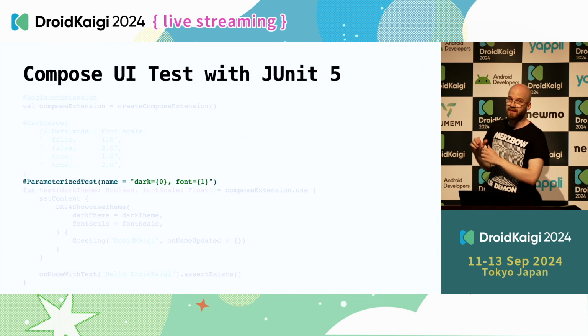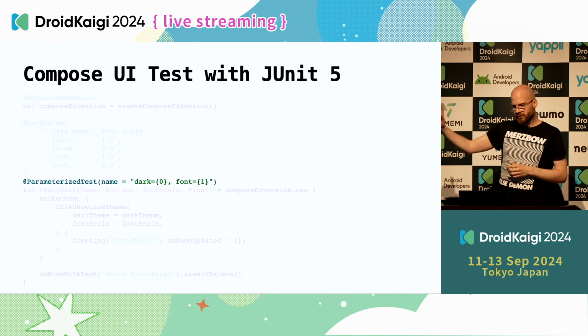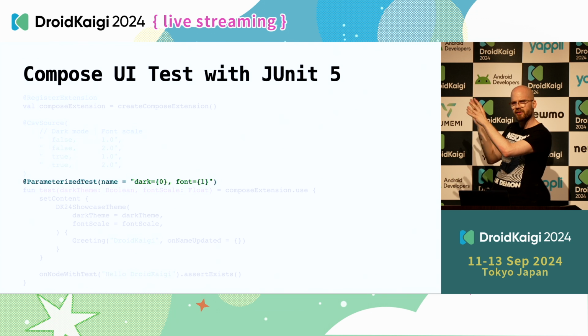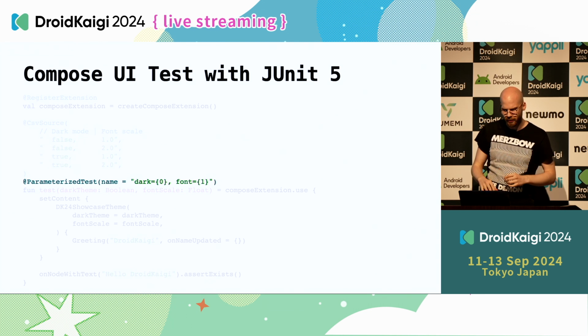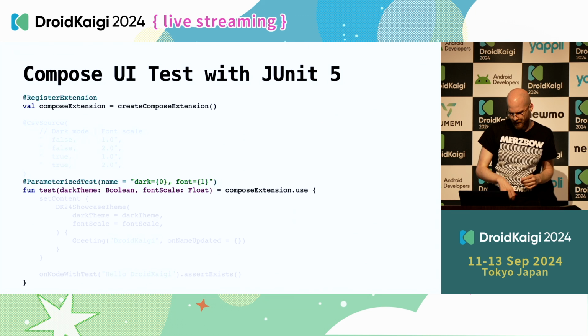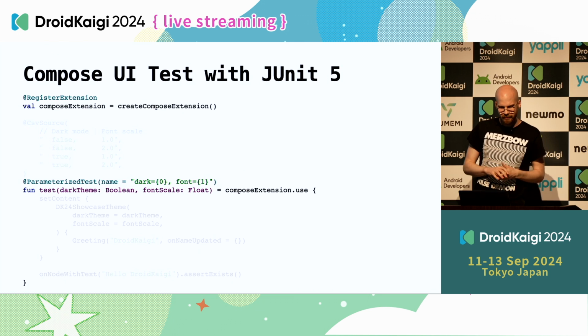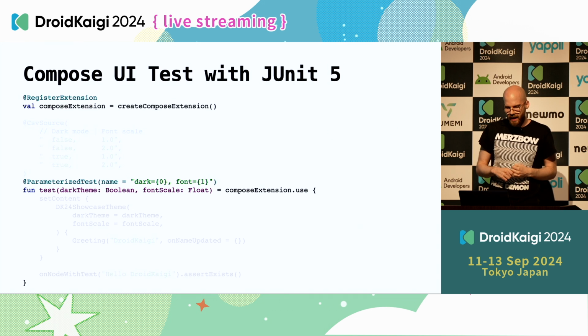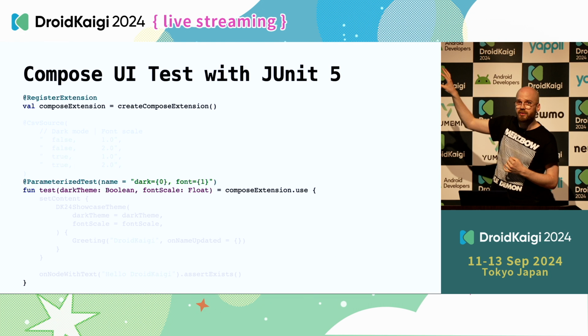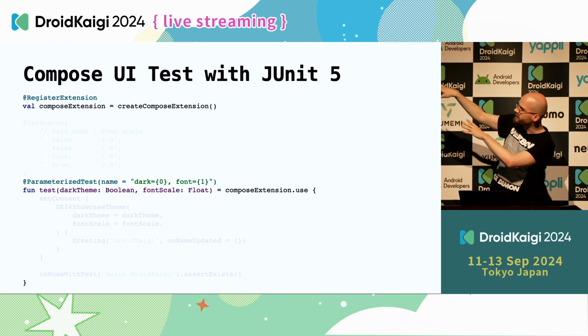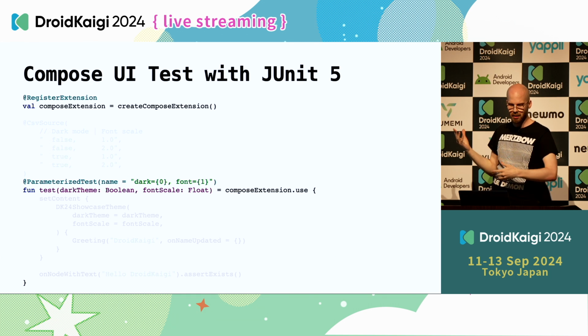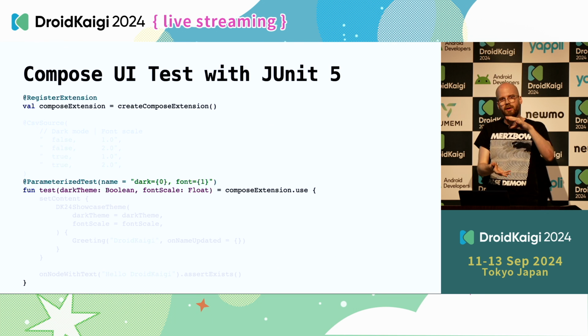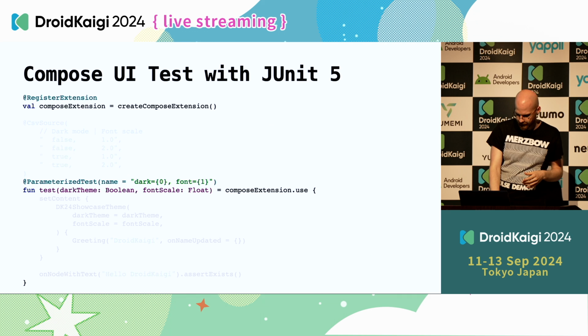Then, parameterized test, you need that too. You see here, you can also give a custom format for the name that shows up in the test report if you don't like the default format. And then the method signature, 2 parameters again. And here, for Compose UI tests, you have to make use of this Compose extension. This is actually a difference to JUnit 4. You have to wrap your test inside this compose extension.use block. And then inside the block, you have your expected APIs.